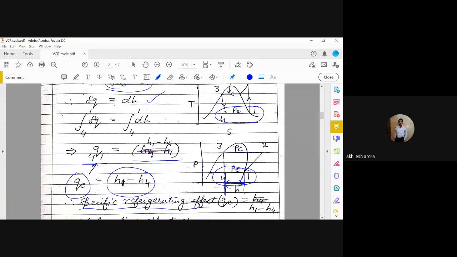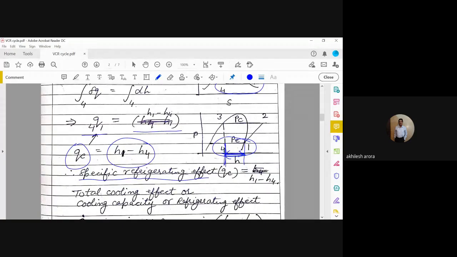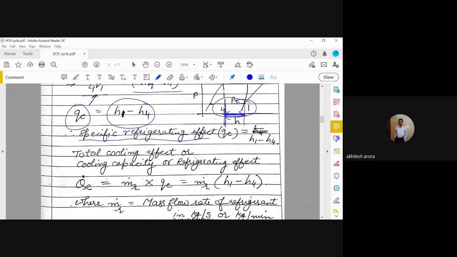Now let us proceed. The next part is the total cooling effect. Now what is total cooling effect? Here when I say specific refrigerating effect, the unit is kilojoules per kg. So it means I am talking about 1 kg of the refrigerant, but actually there is refrigerant which is circulating through the system.